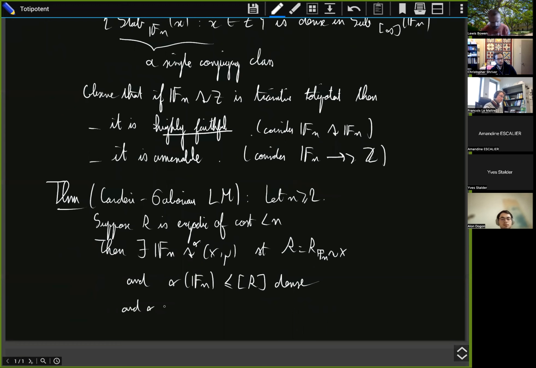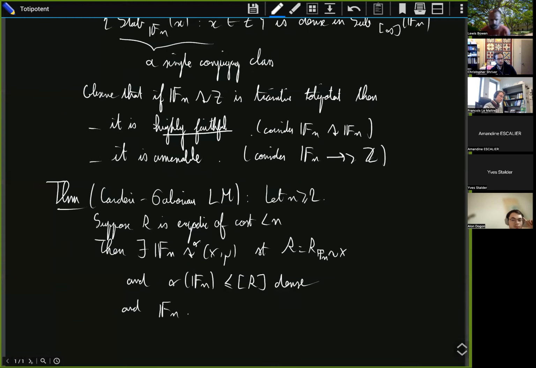And so alpha, I mean, Fn acting on X, is almost surely totipotent. All right, so I think that's the statement, yes.